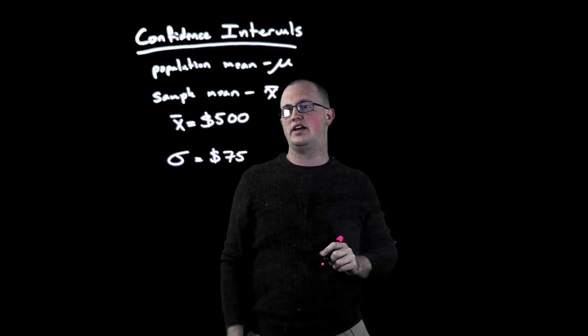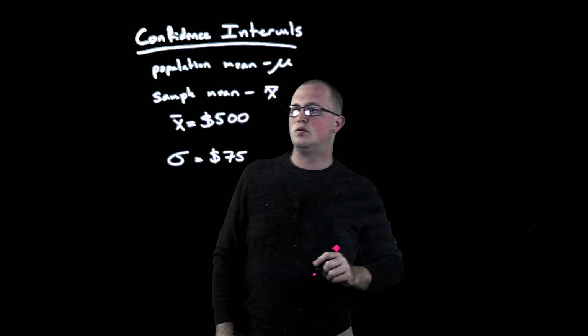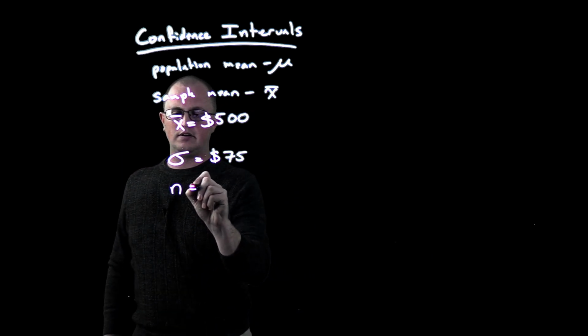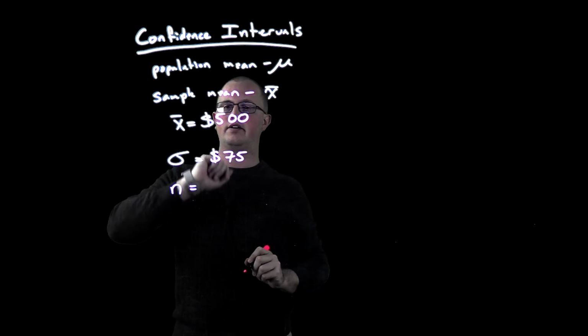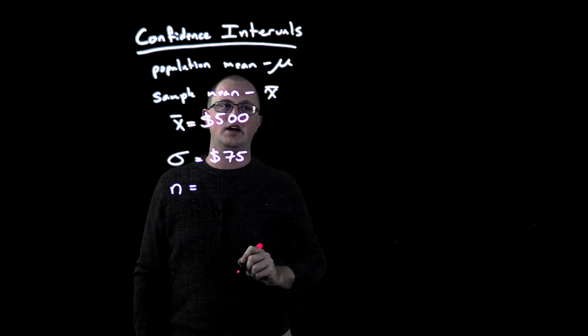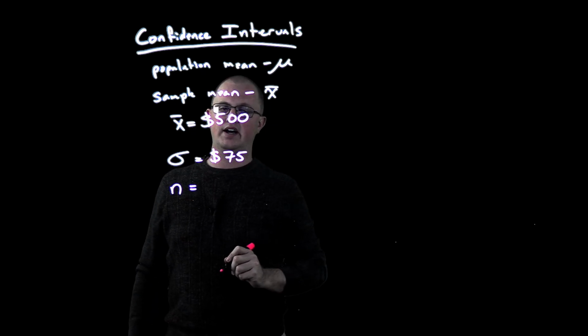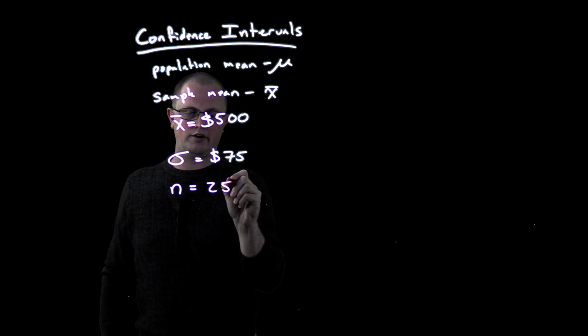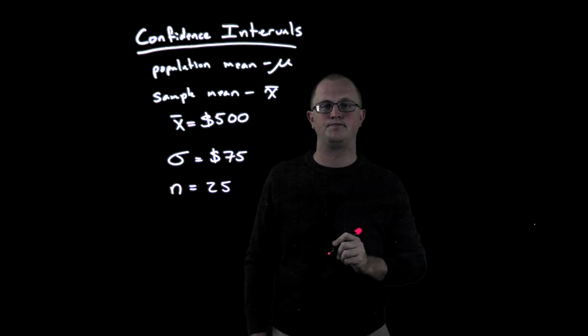And let's say that the sample that we took to calculate our $500, let's say that we took 25 apartments. So our n is equal to 25.